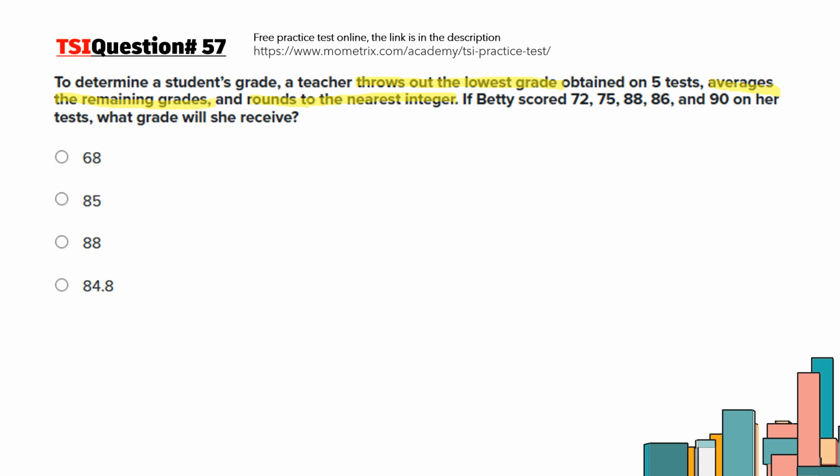So based on the keywords, we can eliminate the last choice because it is not the nearest integer. The integer is without the decimal.